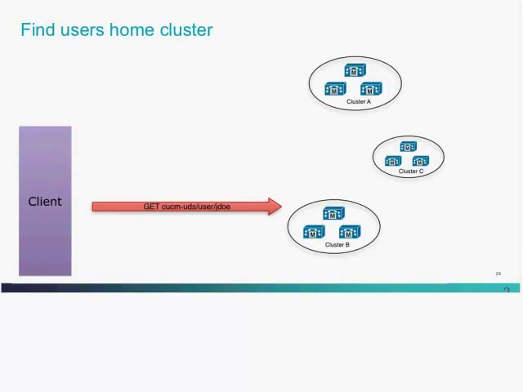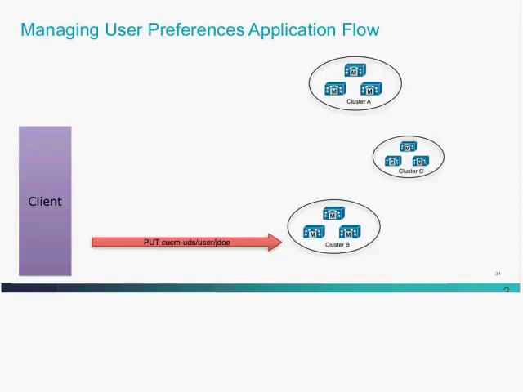Now, the client sends a GET request for user JDO to the server B2. The server responds back with the information, and in case the client needs to modify some of the settings of the devices controlled by the user JDO, it has to use the PUT request. It's basically an update going into the backend of the database and changing the user preferences for those devices.